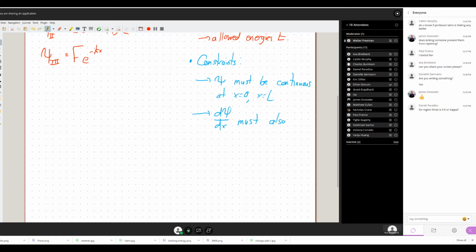That gives us 4 constraints. And then finally, we have the normalization constraint that the total probability must be 1.